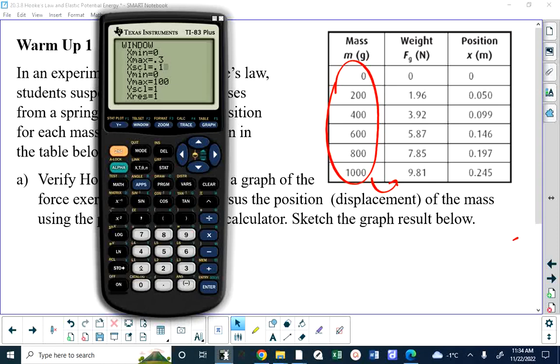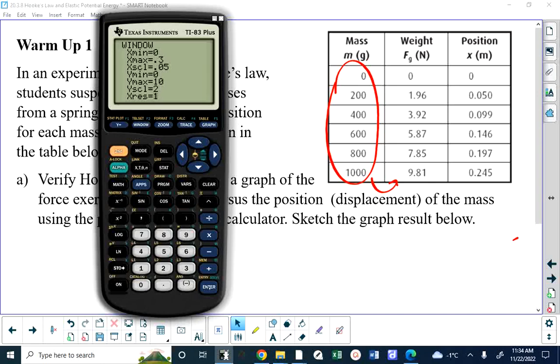So if I put a 0.1, it's going to have a 0, and then 0.1, 0.2, 0.3. If you want to go 0.05, then it's going to show a tick every 0.05. That's not important. For my Y, I'm going to go from 0 up to, my biggest Y is 9.81, so I'm going to go up to 10. Maybe with a tick every 2.